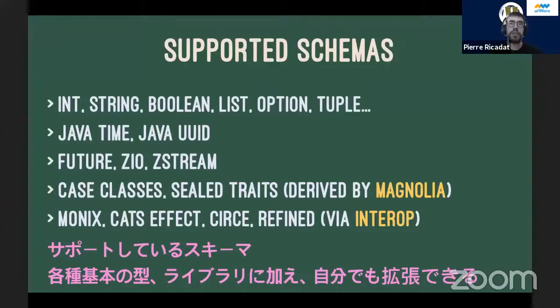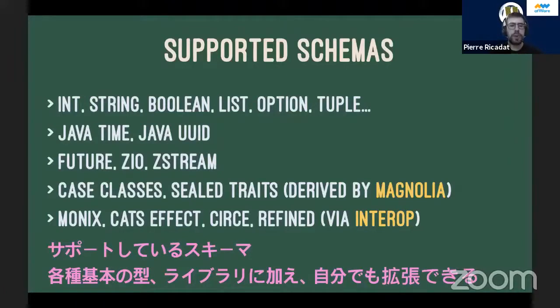So let's say if it's a Future of Int, it will be just interpreted as returning an Int from the GraphQL point of view. So it will automatically recognize that it's a Future or a ZIO and expose the type that is inside. Then you probably have a lot of case classes that are your own.